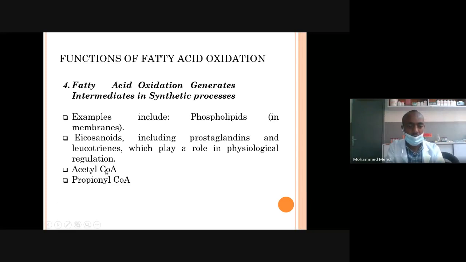You see, cholesterol synthesis or ketone body synthesis will occur from this acetyl-CoA, which is formed from fatty acid oxidation. Propionyl-CoA, again, will be used for making glucose through gluconeogenesis. So these intermediate molecules will be used for making different molecules from those intermediates found in fatty acid oxidation.